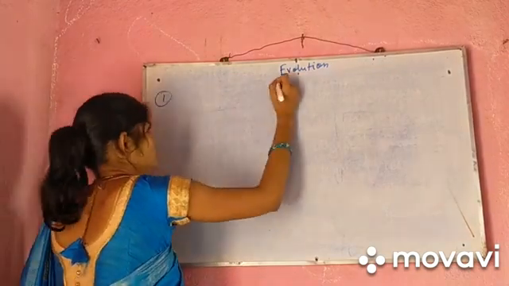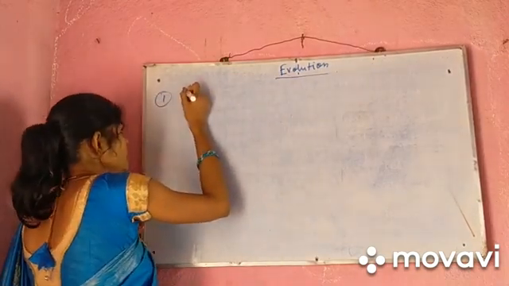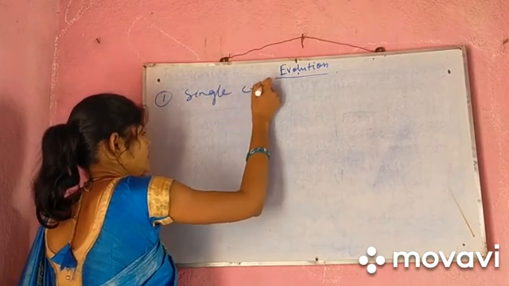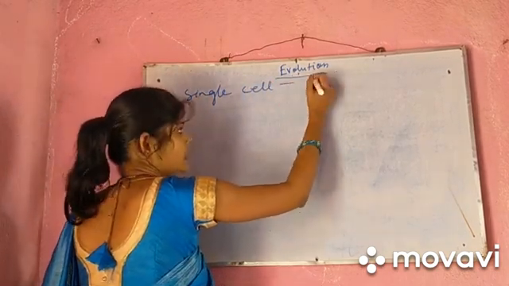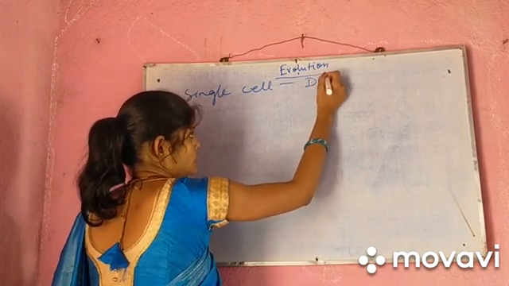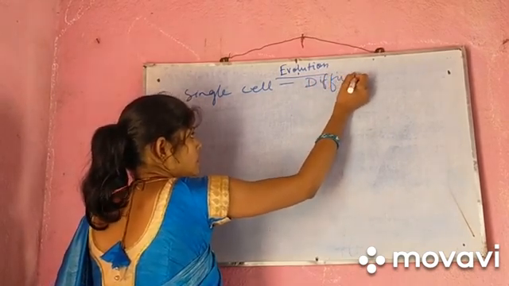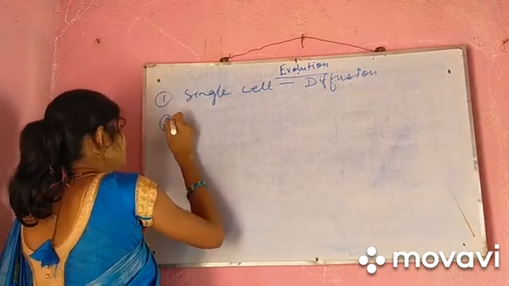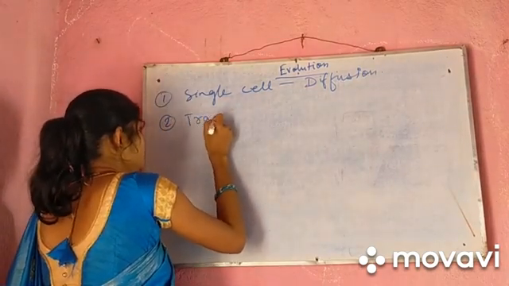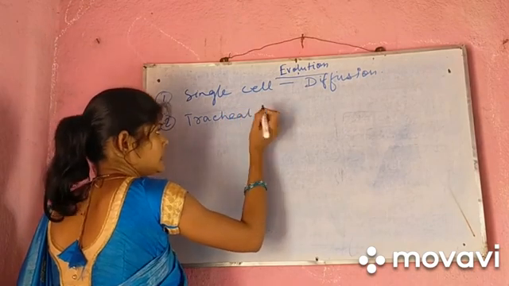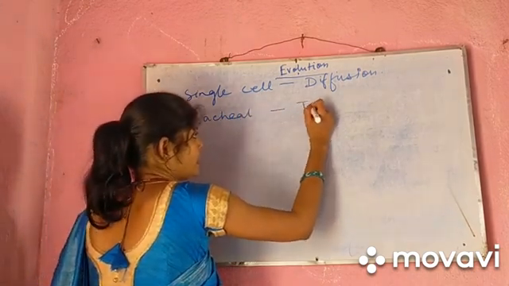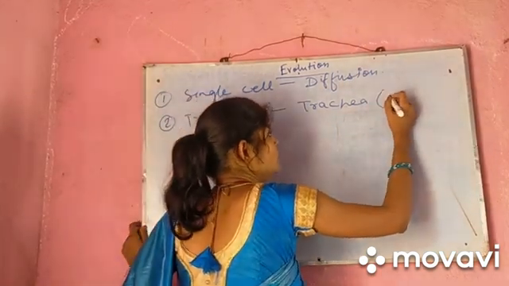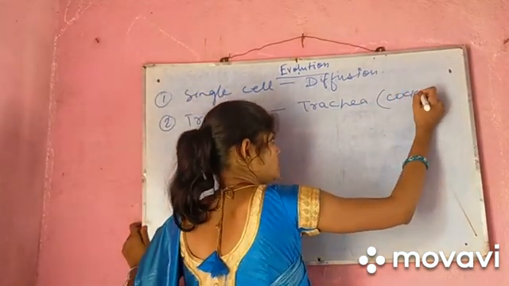Number 1, single celled organism: respiration occurs by diffusion. Write in your notebook. The next one was tracheal, respiration through the trachea. It takes place in the cockroach.